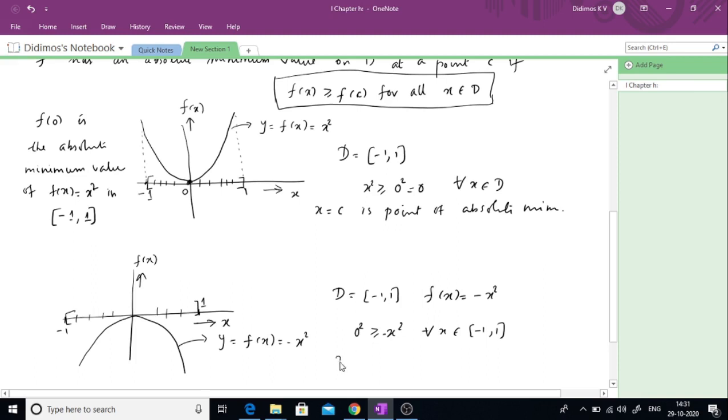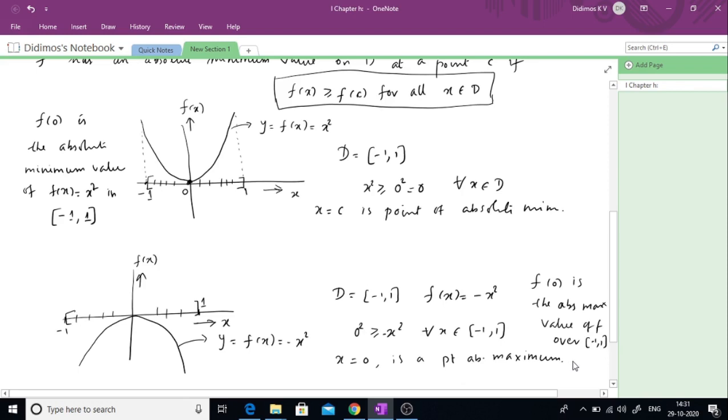This shows that x equal to 0 for this function f of x equal to -x square is a point of absolute maximum. The value f of 0, in this case, is the absolute maximum value of f over the interval -1 to 1.